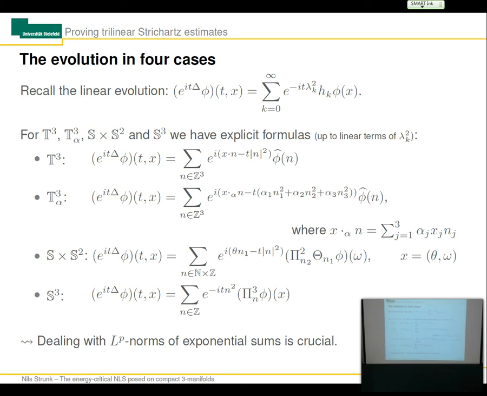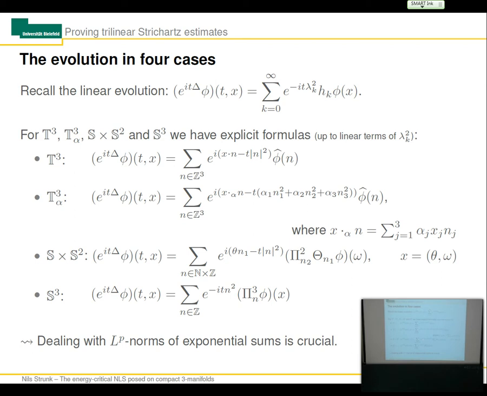And now in the product of spheres case, S cross S2, we want to write x as theta, comma omega, where theta is in S, which is of course equal to the torus, and omega is in S2. So from this one-dimensional torus, we get the same structure.